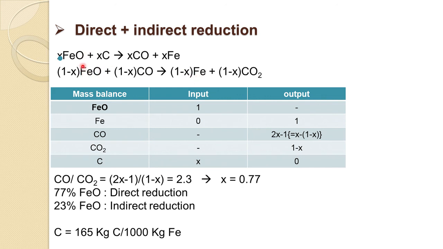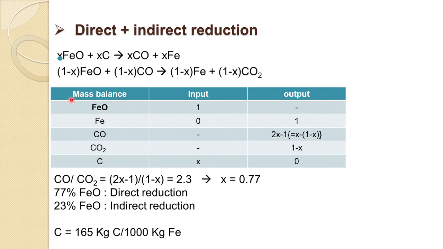So, now if we do the balance again, we can make the mass balance table. So, for the input of x mole of carbon, you get the output of 1 mole of iron.